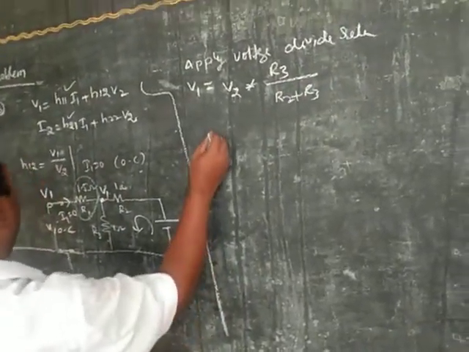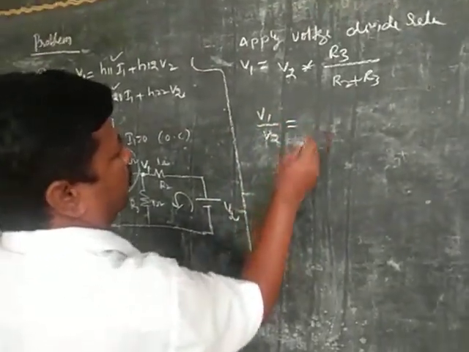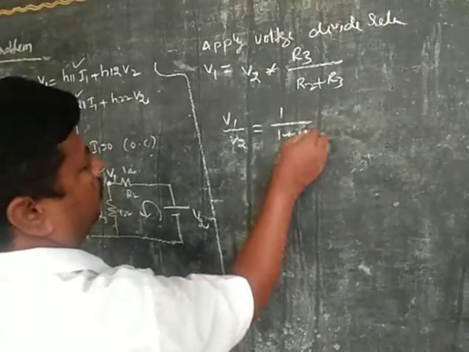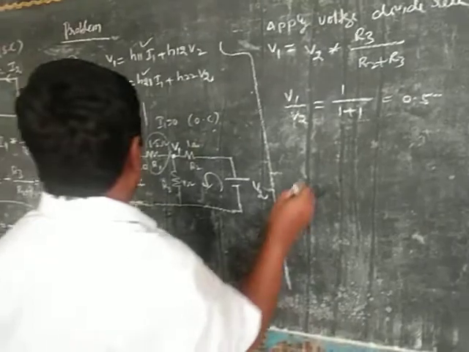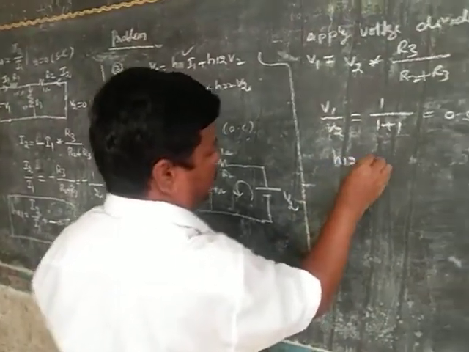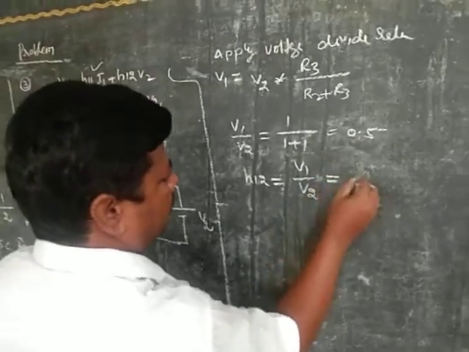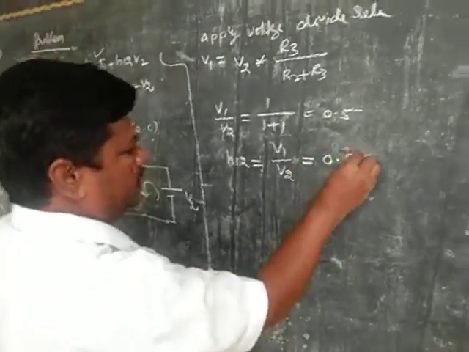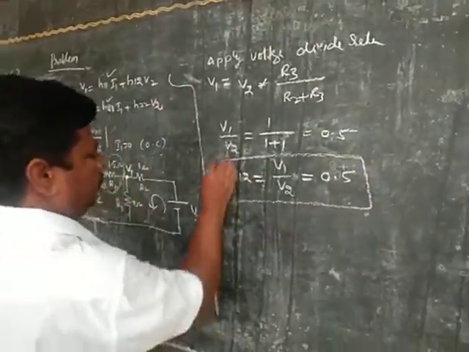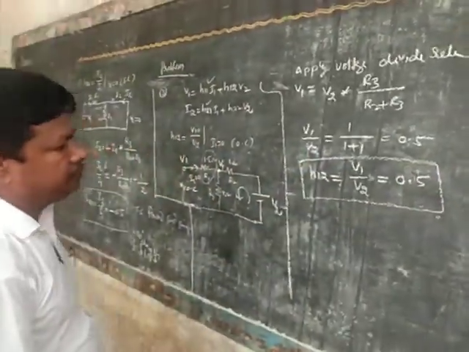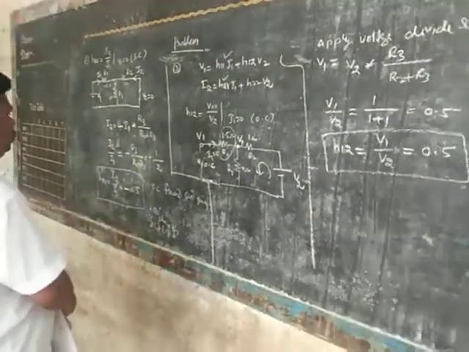From that, V1 by V2 is equal to 1 by 1 plus 1, that is equal to 0.5. So H12 is equal to V1 by V2, that is equal to 0.5. Reverse voltage gain, 0.5.